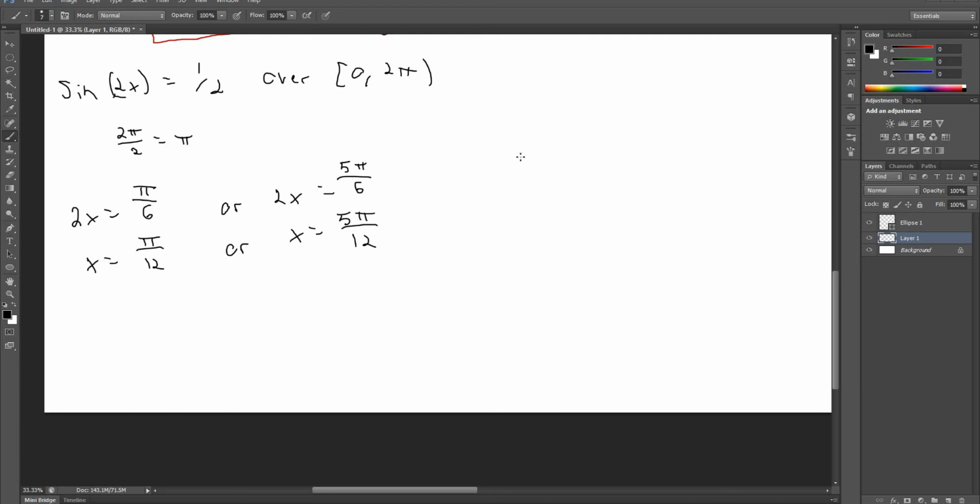So I need to find reference angles. I'm going to do this in green. So I got 2x. To find reference angles, I take my angle and add 2 pi, because I know I'm completing 2 circles, so I'm actually going to hit pi over 6 twice.